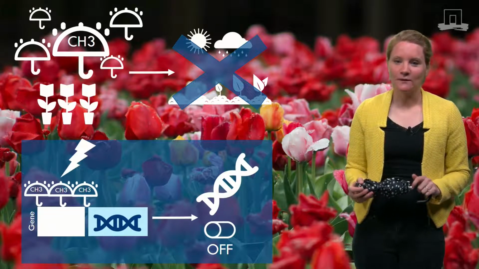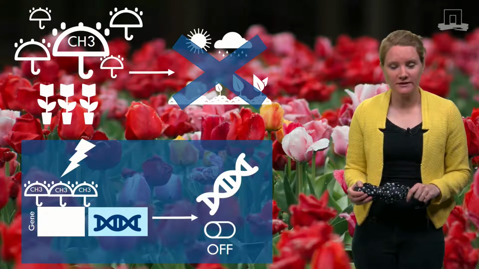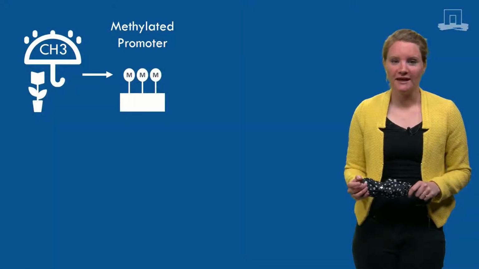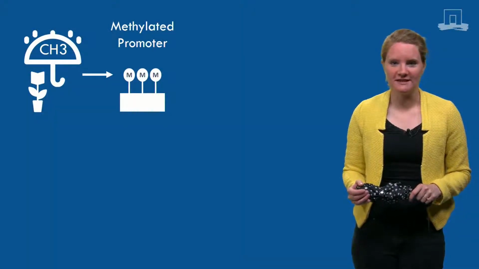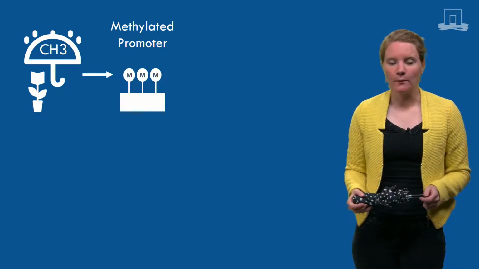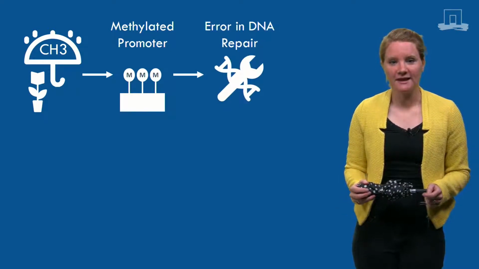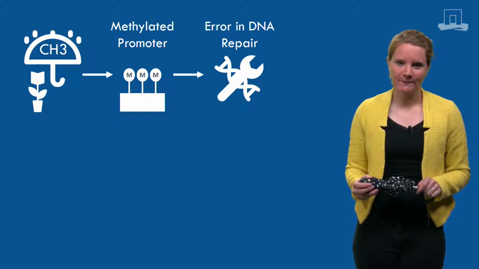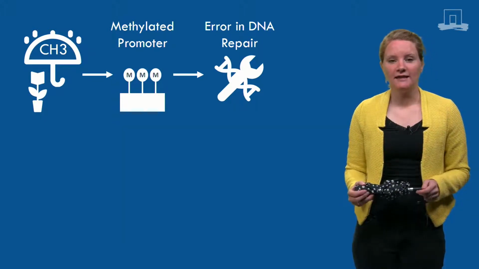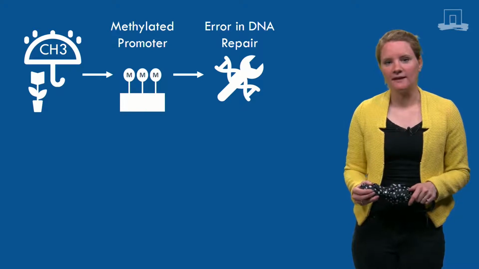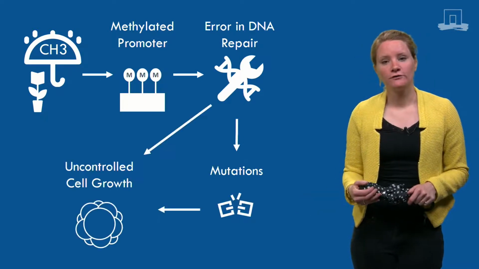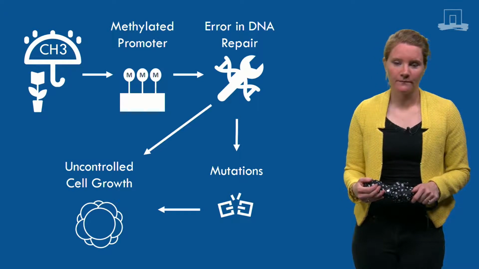In cancer, we often see that important genes are switched off due to an overload of methyl groups in the promoter region of these genes. This can occur, for example, in DNA repair genes, which are essential for repair of errors in the DNA. As a result, DNA damage will not be efficiently repaired, which may lead to further mutations and, in the end, uncontrolled cell growth.